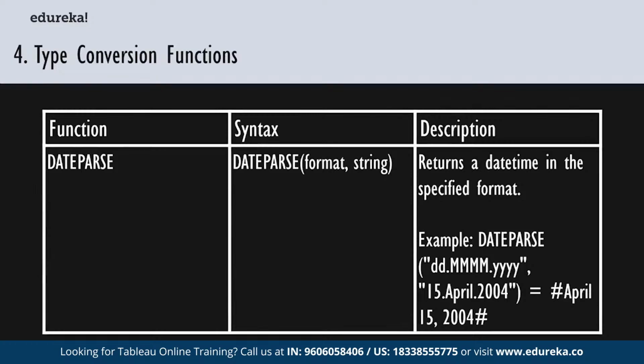Now what this does is it converts a string to a datetime in the specified format. Letters that appear in the data and do not need to be parsed should be surrounded by single quotes. And for formats that do not have delimiters in between them, suppose hyphens and slashes and dots, verify that they are parsed as expected. So the format must be a constant string, not a field value.